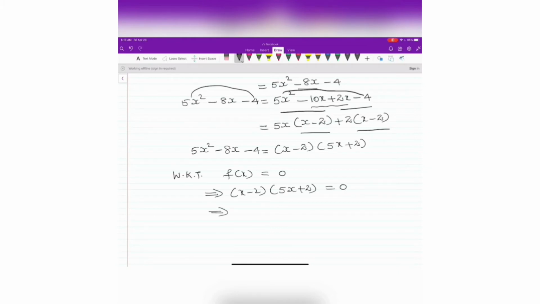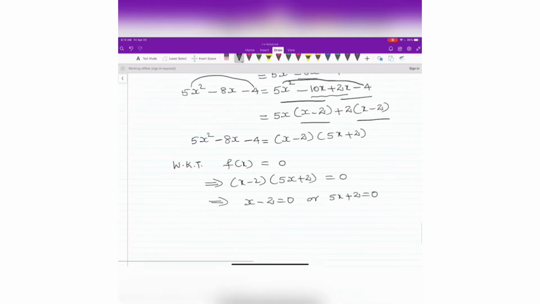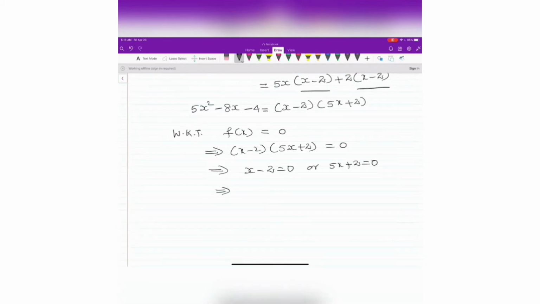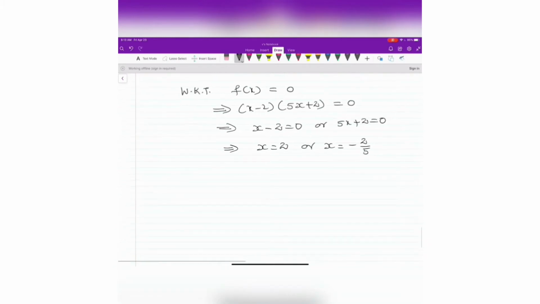This implies x minus 2 equal to 0 or 5x plus 2 equal to 0. This will give us x is equal to 2 or x is equal to minus 2 by 5. So, we got the zeros of the polynomial now.